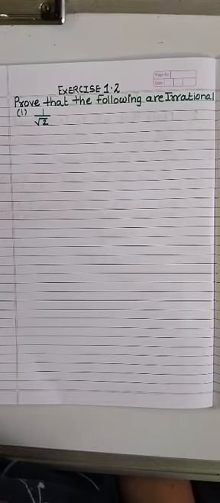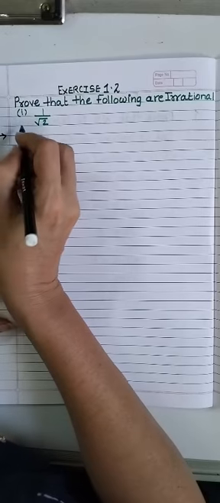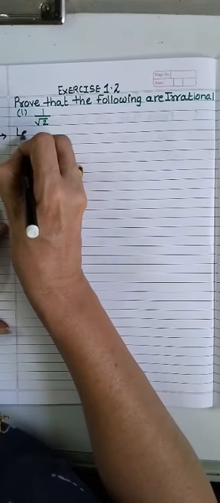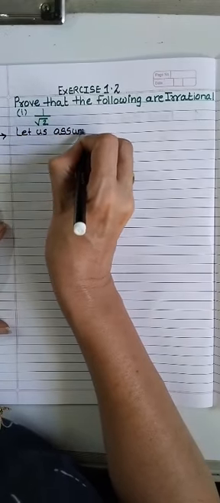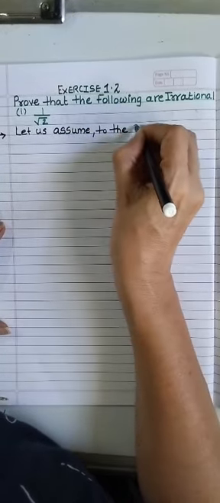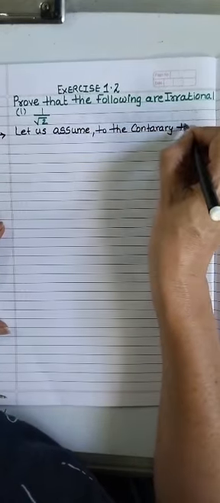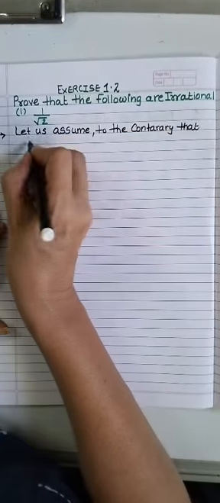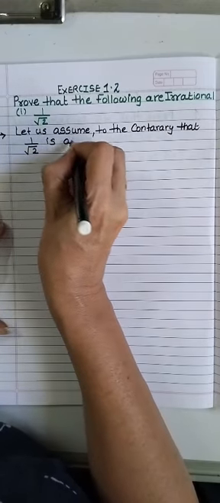As we know, the method which we are going to follow is the method of contradiction. So let us start with the opening statement. Let us assume to the contrary that 1 upon under root 2 is a rational number.